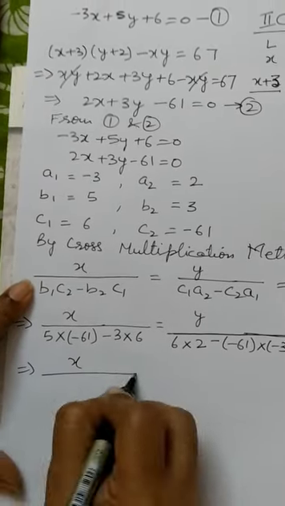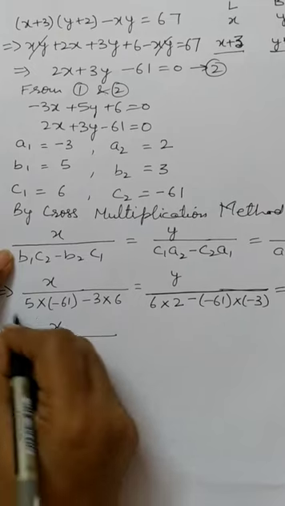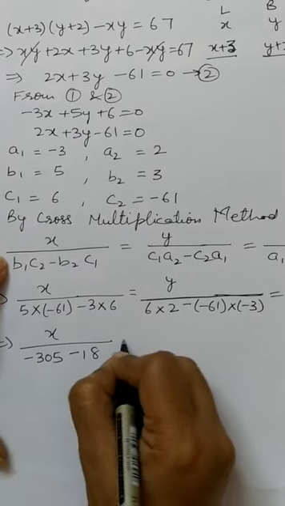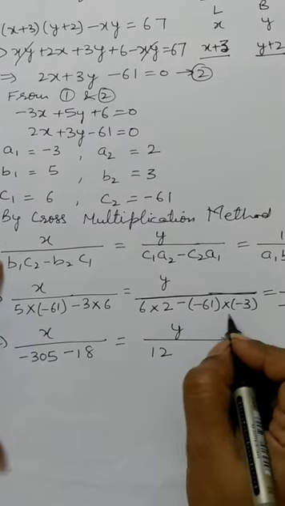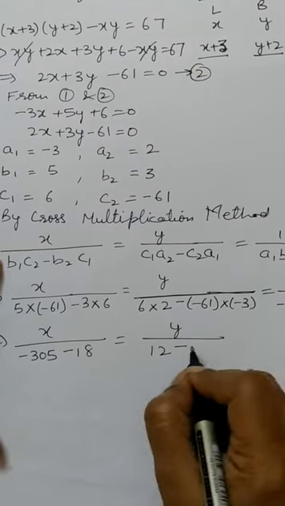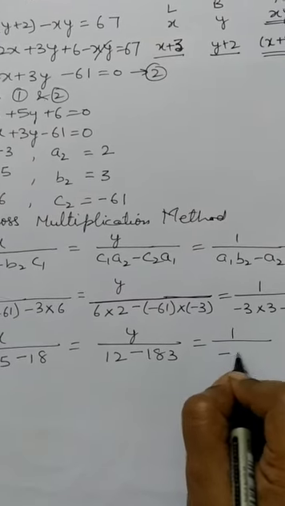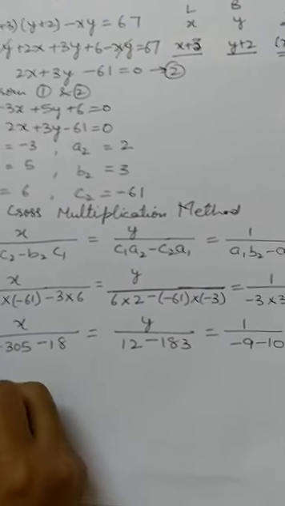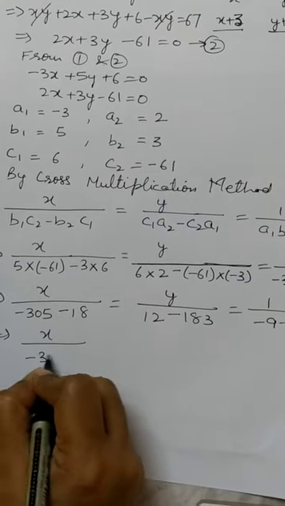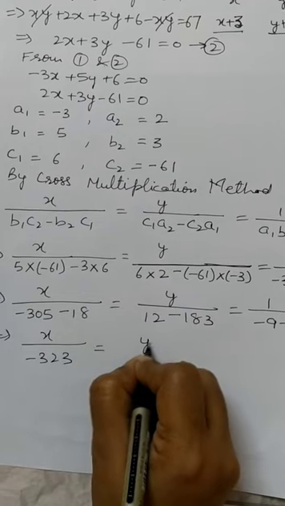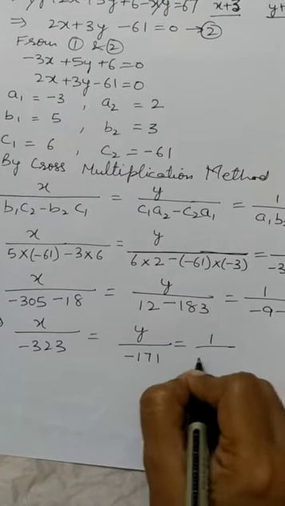We further simplify and we get x upon minus 305 minus 18 equal to y upon 12 minus 183, there are 3 negative signs so we get negative, equal to 1 upon minus 9 minus 10. Further we solve and we get x upon minus 323 equal to y upon minus 171 equal to 1 upon minus 19.